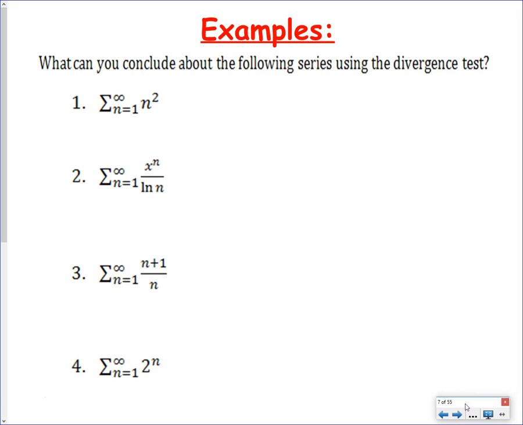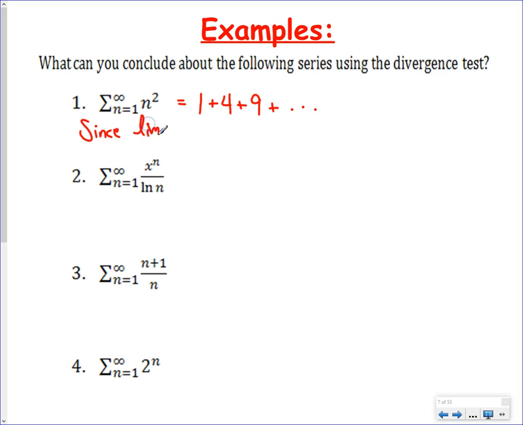Number one, is it a geometric series? Why not? Isn't the first term 1 and the second term 4 and the third term 9? Can I multiply by a common ratio? No. That's why not. So, since it's not a geometric series, what can I say?